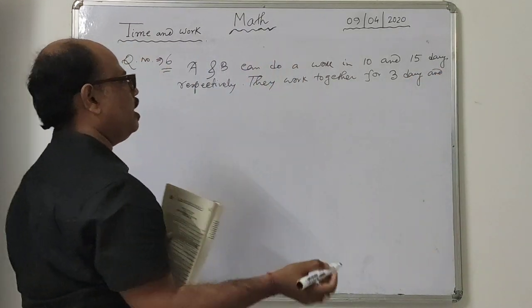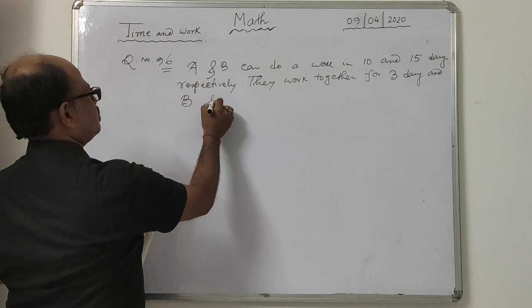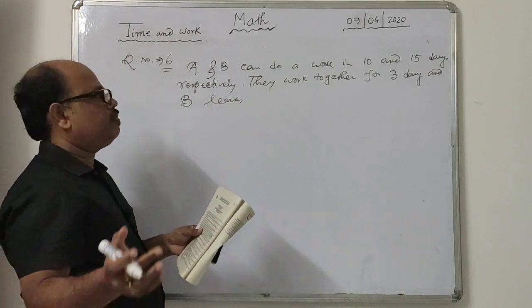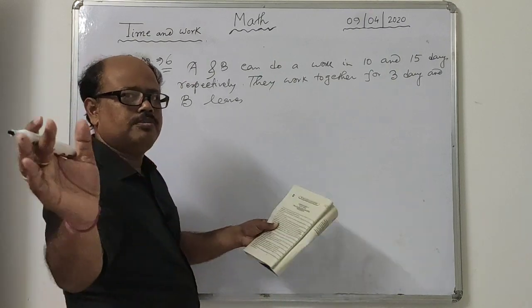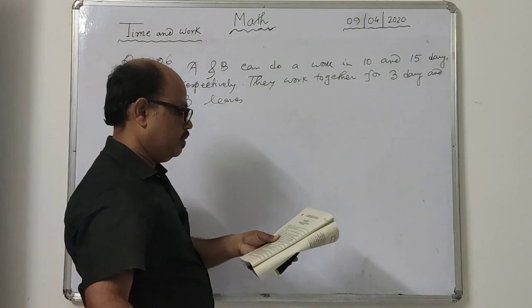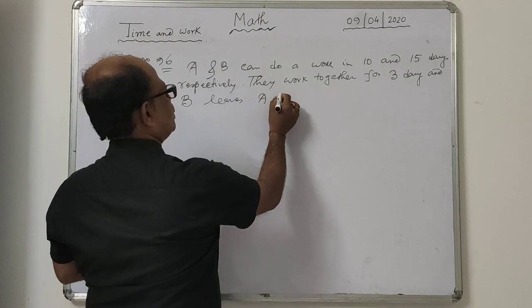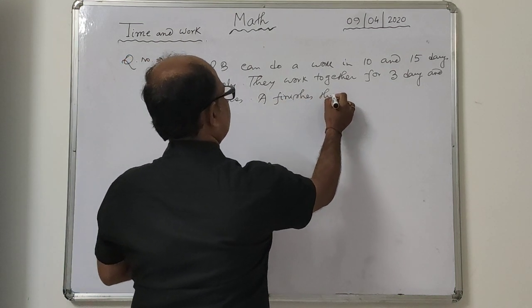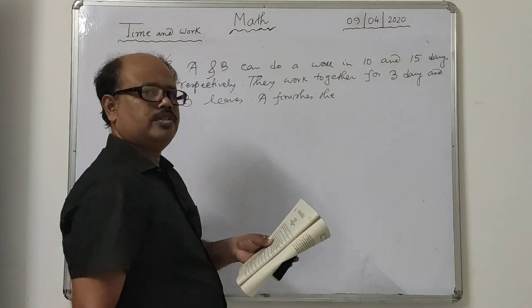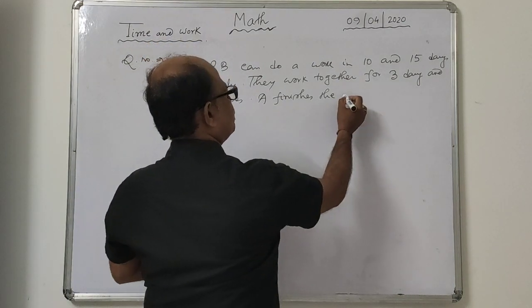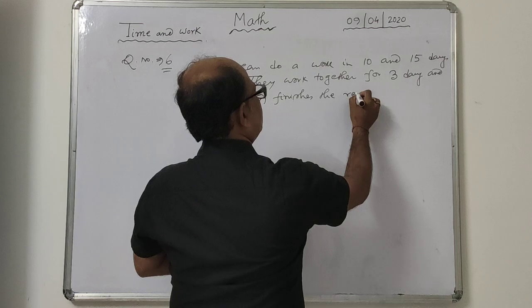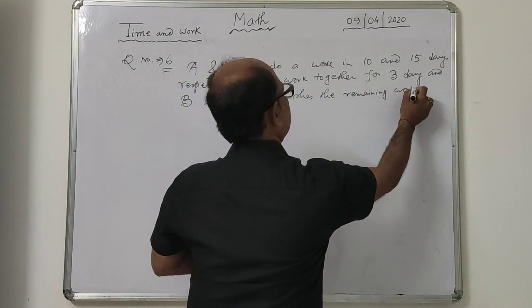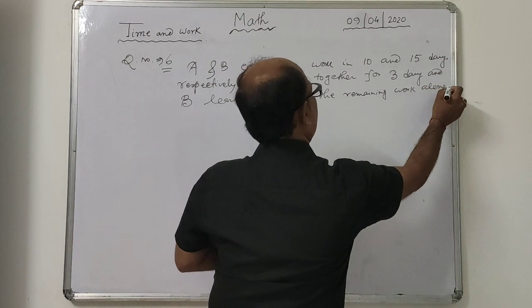And B leaves. After working 3 days, B leaves. A finishes the remaining work alone.